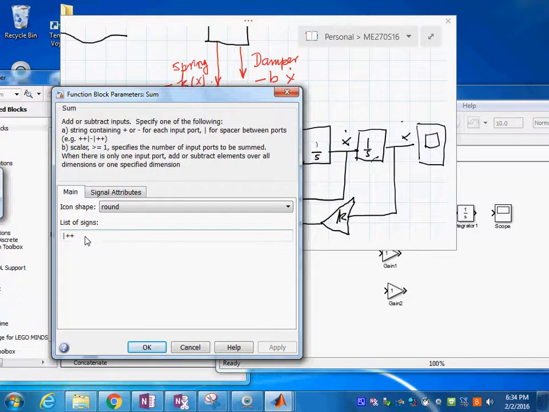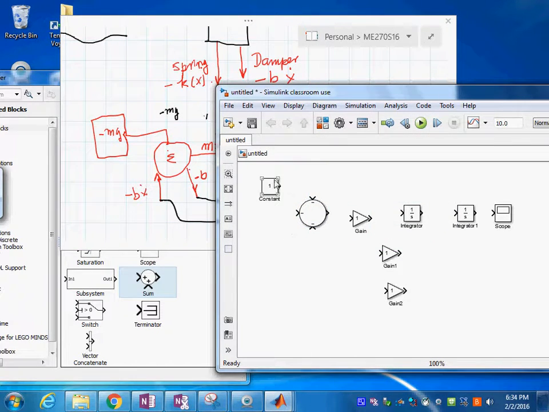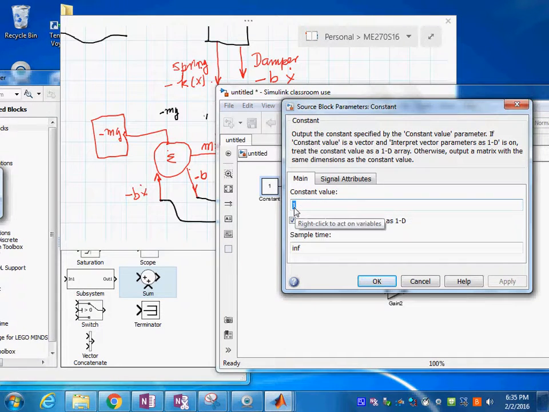So in here this is a minus, and the other two are also minuses. And then here you put the value of mass times acceleration due to gravity. This is mg.